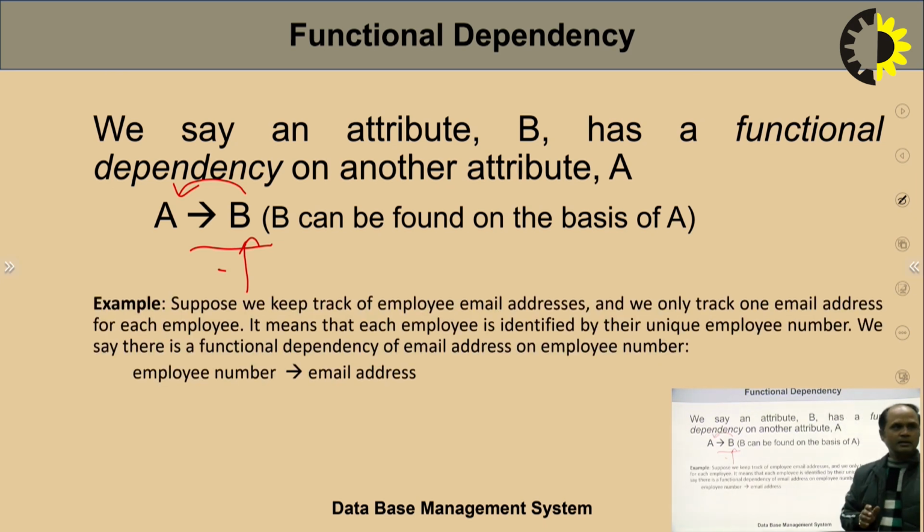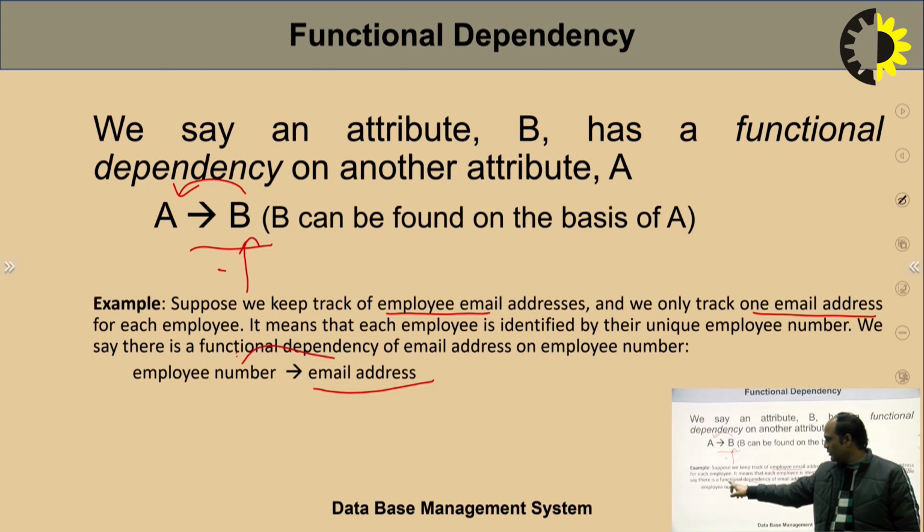Suppose we take the example of employee records. In the employee record, we have the employee email ID and addresses, and we can only track one email address for each employee number. So this email address is dependent on the employee number. This is called functional dependency.